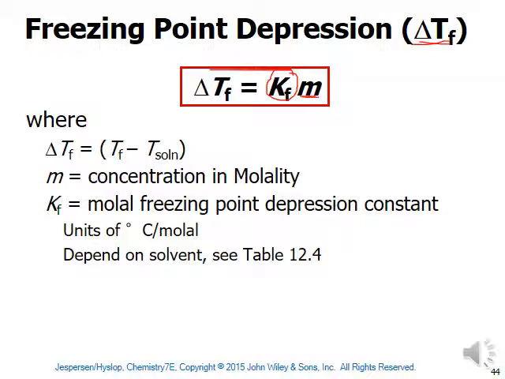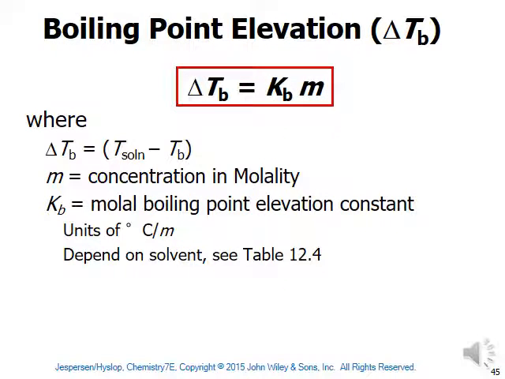Delta Tf is the final temperature minus the initial temperature of the freezing point, so the final freezing point minus the initial freezing point. m is the molality and Kf is the molal freezing point depression constant. And we can write a similar equation for boiling point elevation.